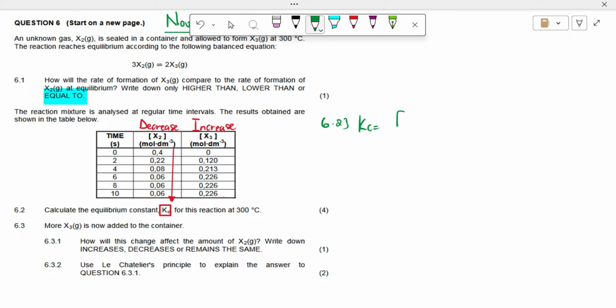The equilibrium constant Kc is the concentration of the products over the concentration of the reactants, and that will then be equal to, what is the concentration of the products?